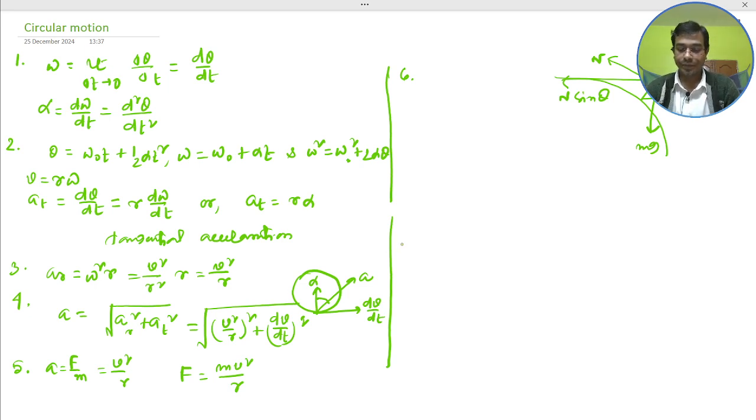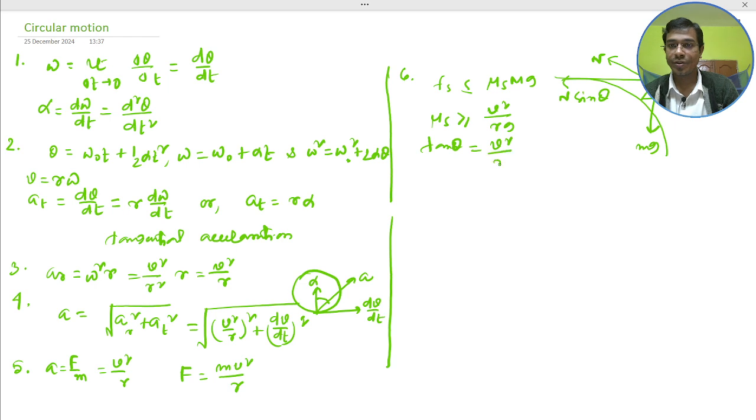So one thing is that the static frictional force Fs is less than or equal to mu s mg. So mu s is greater than or equal to v square by rg, and one important result is tan theta is equal to v square by rg.